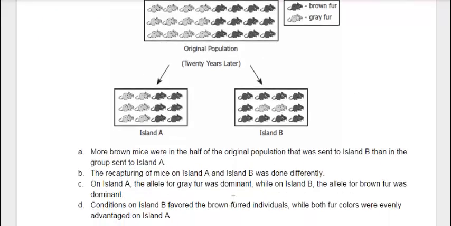A. More brown mice were in the half of the original population that was sent to island B than the group sent to island A. B. Recapturing of mice on island A and island B were done differently. C. On island A, the allele for gray fur was dominant, while on island B, the allele for brown fur was dominant. D. Conditions on island B favored the brown-furred individuals, while both fur colors are evenly advantaged on island A.